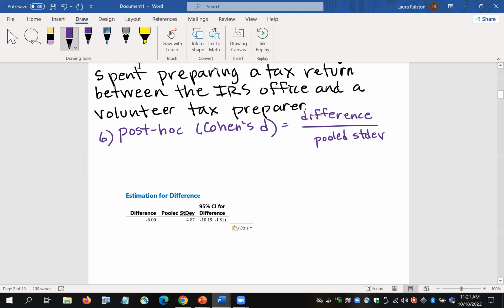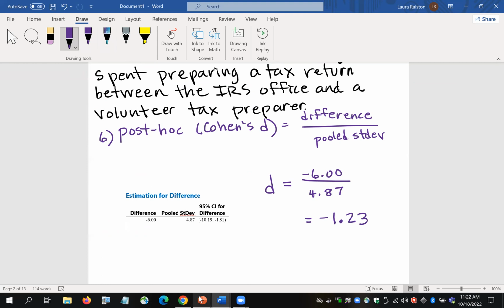Okay, so our calculations, our Cohen's d would equal -6 divided by 4.87. Get my calculator. -6 divided by 4.87 is -1.23.